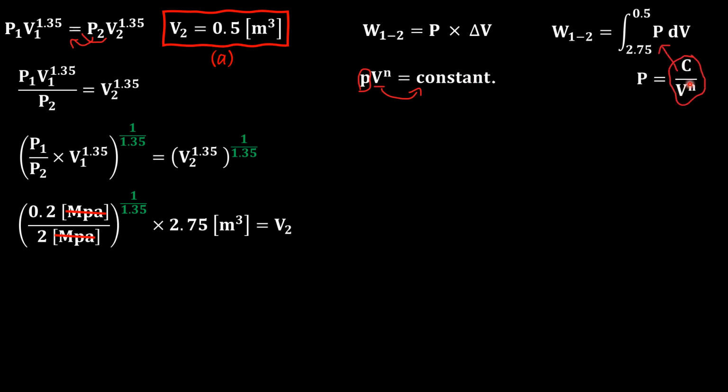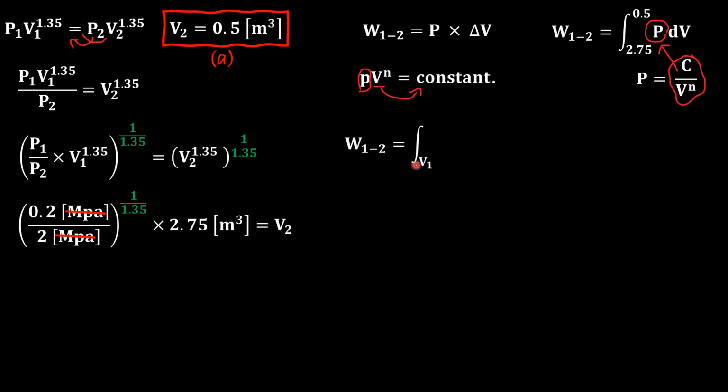So now we will take this and plug it back into our integral and change the P with the relationship PV to the power n equals constant, where n is a polytropic index, and it can be any number. For example, what we have in our problem is 1.35, but we want to find an expression for any polytropic index number.